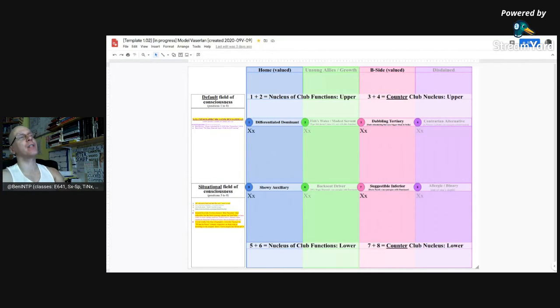And then if I was to give you another bit of information and say, on the left, you have all of the club functions. And so if you're putting the functions in for an ST, then all of the sensing functions, SE and SI, and thinking functions, TE and TI, are going to be on the left in that nucleus.